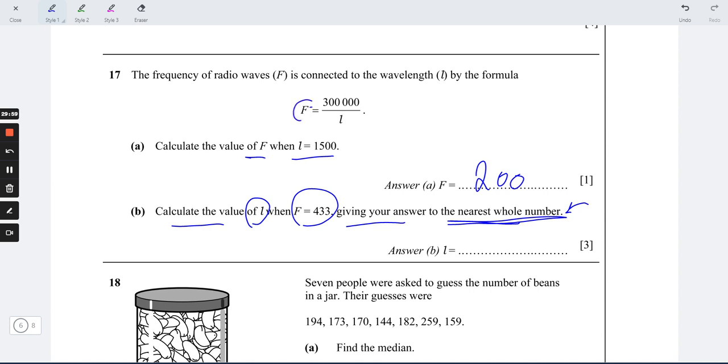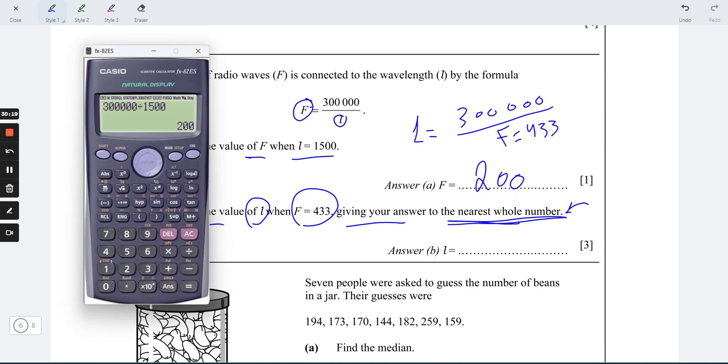Here we can swap F and L. We can rewrite it as L equals 300,000 divided by F, and F here is equal to 433. You can use your calculator directly.